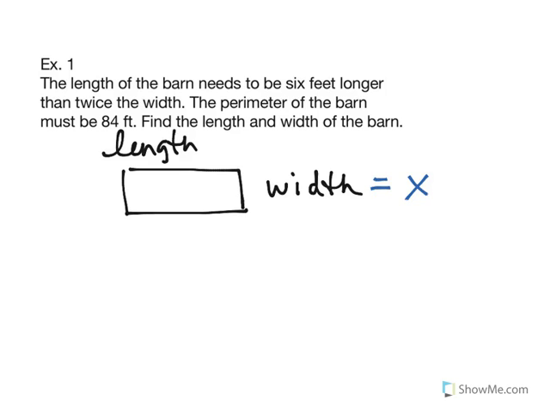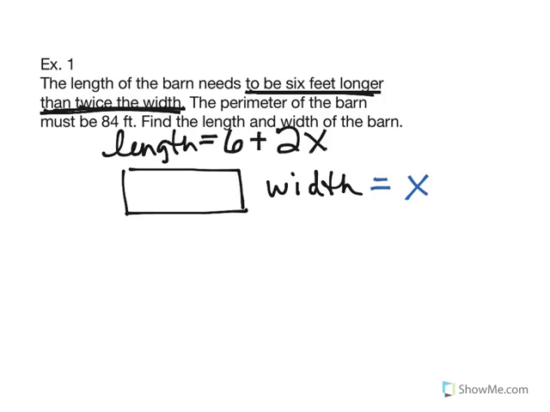So it says the length is 6 feet longer. So the length is 6 feet plus something. 6 feet longer than what? 6 feet longer than twice the width. Now, what did we say the width was? X. So when we talk about twice the width, we can talk about 2 times x.